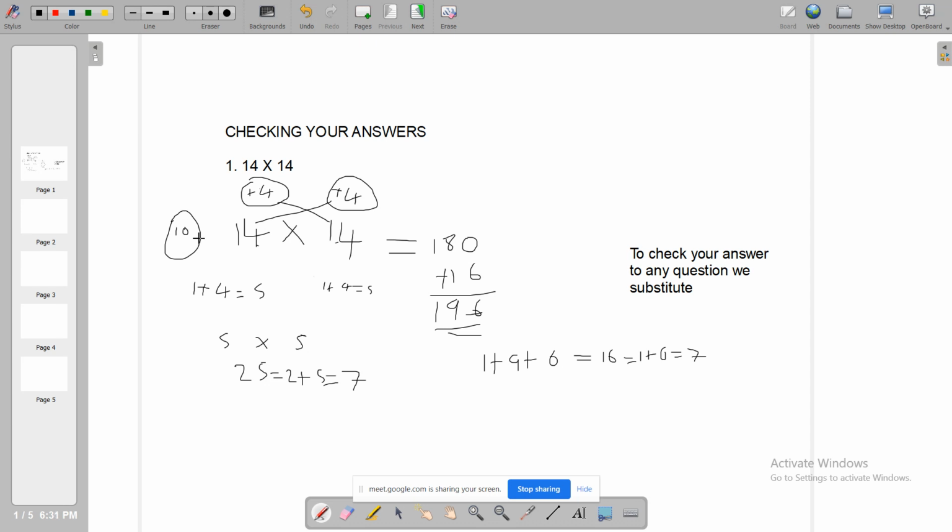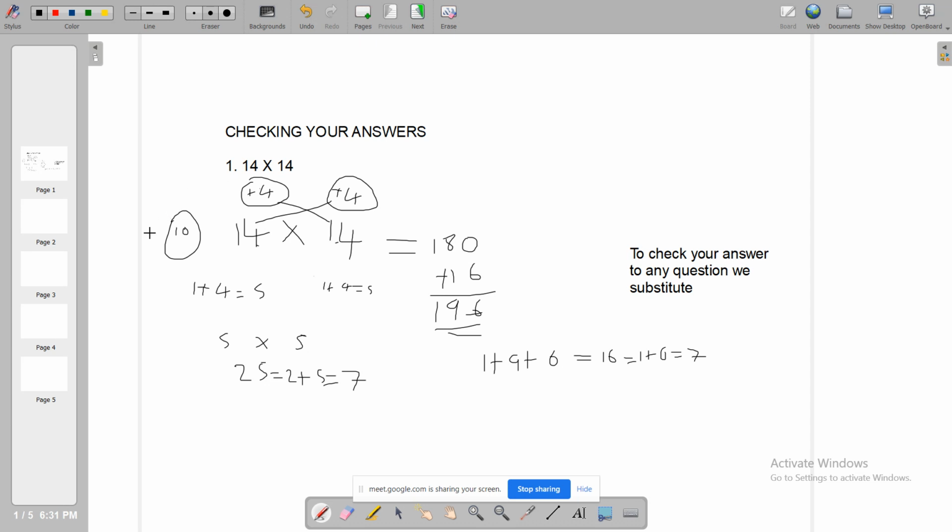We first need to know that we are multiplying 14 times 14. And 14 is having two digits, which is 1 and 4. So to check your answer, you need to get a substitute number. The only way to get a substitute number is by adding the figures of the number you are finding the substitute for. So now this is 14, so we need to add the digits.